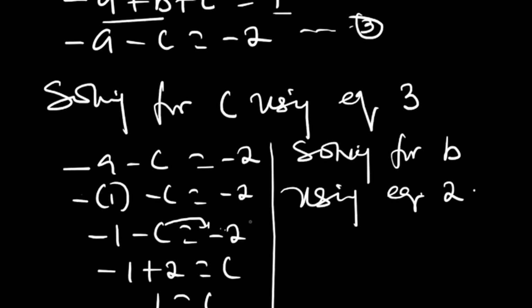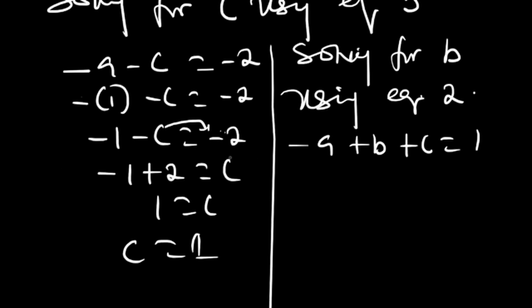Our equation 2 here is minus A plus B plus C is equal to 1. So we've determined our A to be 1, right? Here we have minus 1, then plus B. Since our C is a 1, we put it there. We have plus 1. This is equal to 1.